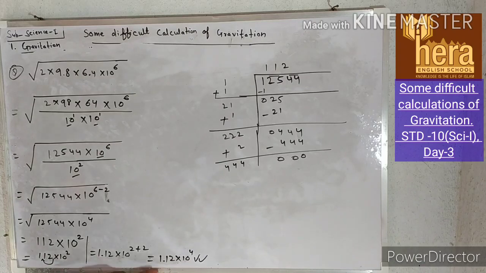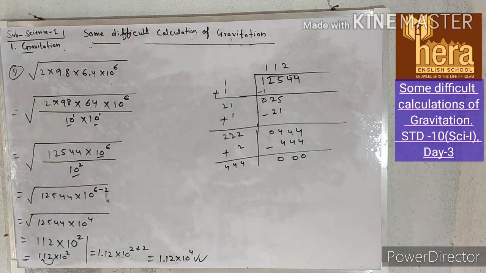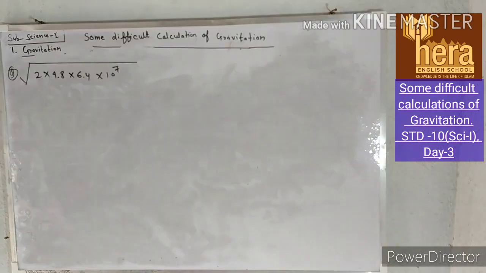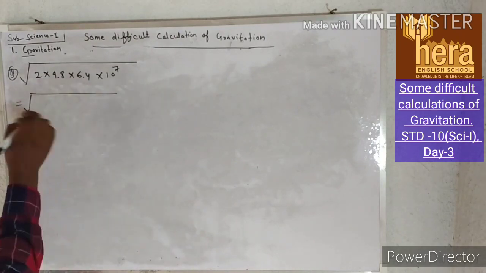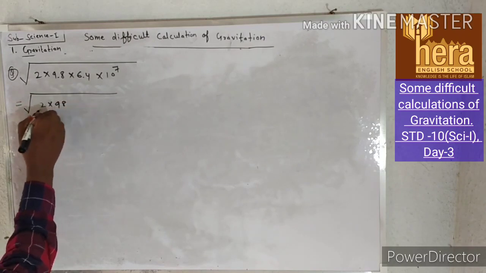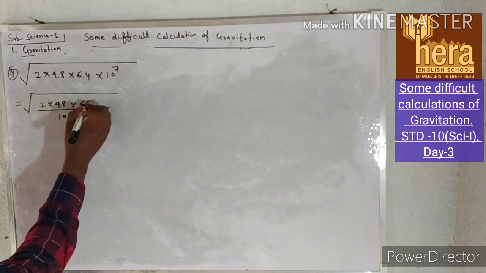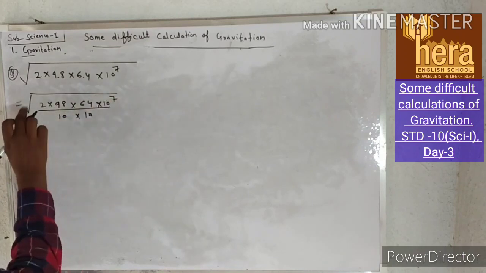One more example I will take, in which here will be an odd number. So I am going to tell you how you have to solve if there is an odd number. This is the example. Now I have taken 10 raised to 7. So what you will do? This will be equal to, again, under root 2 into 98 upon 10 into 64 upon 10 into 10 raised to 7.